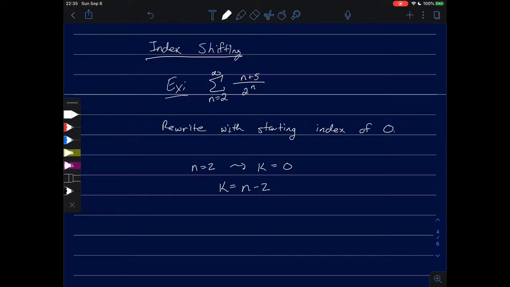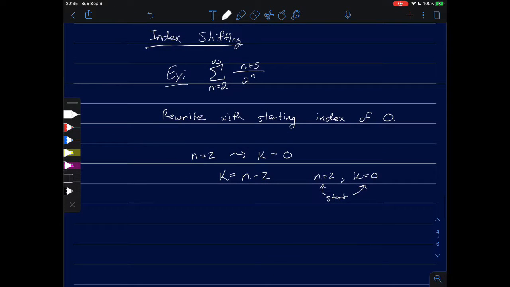Well, the easiest way is to let k equal n minus 2, so that when n is equal to 2, which is our starting point, we're going to switch to k equals 0.